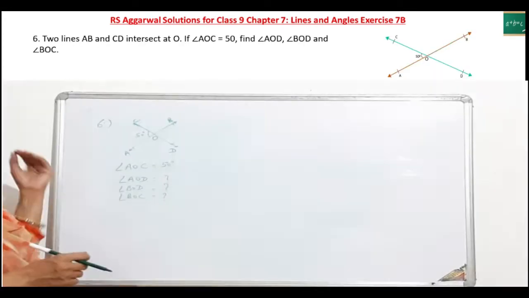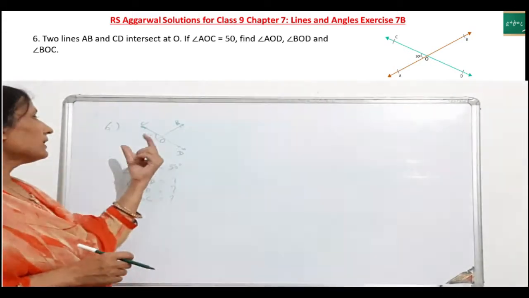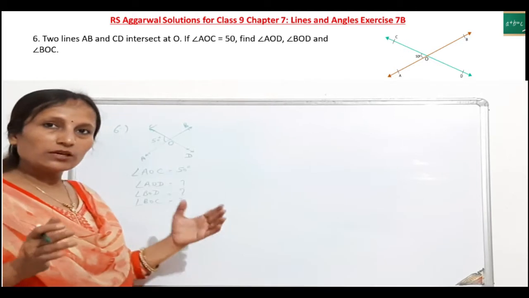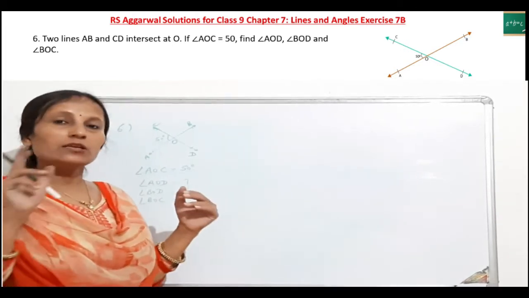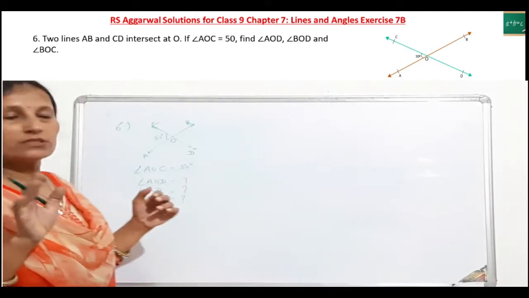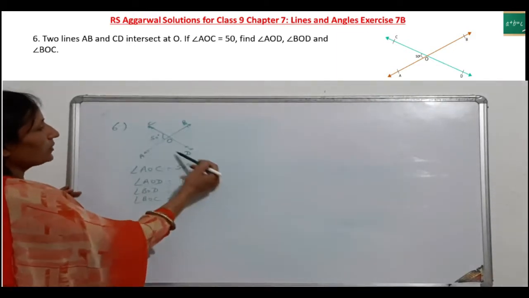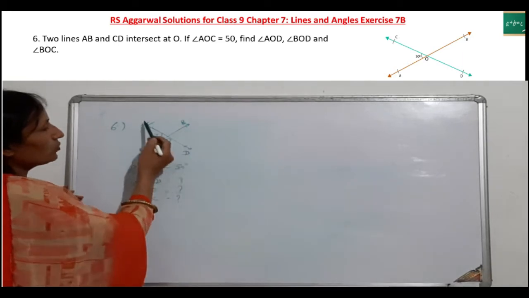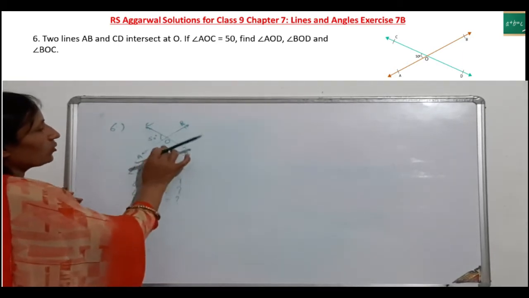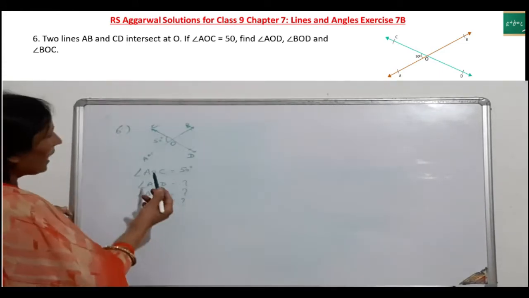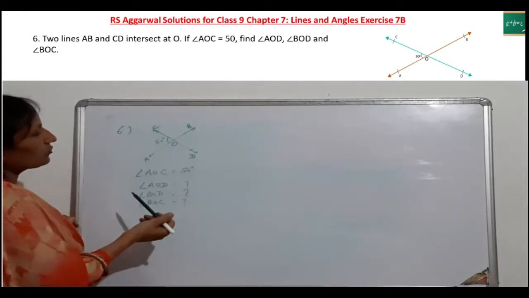Now question number 6. In this question it is given that two lines AB and CD are intersecting each other, and we know that when two lines intersect each other, then vertically opposite angles are always equal. Here vertically opposite angles are angle AOC and angle BOD, then angle BOC and angle AOD. It is given angle AOC is equal to 50 degree.